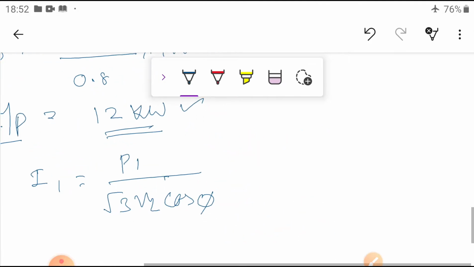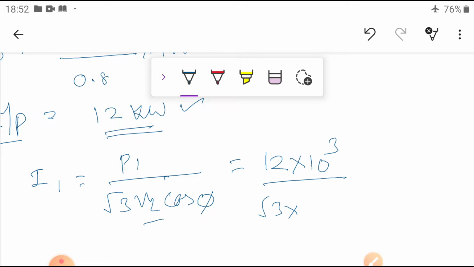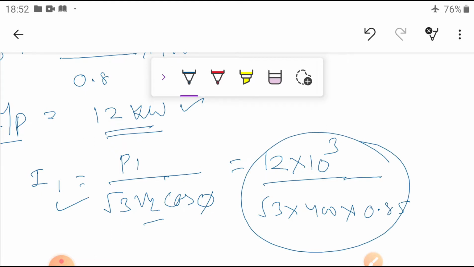P1 is 12 kilowatts, that is 12 into 10 to the power of 3 watts, divided by √3 into VL, which is 400 volts, into cos phi, 0.85. Simplifying this gives the input current. If the output is given, convert it to the input and then find the current. This is the method, and you have already done this type of problem in other subjects.